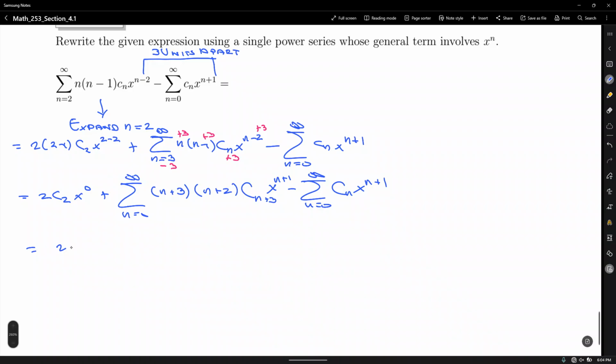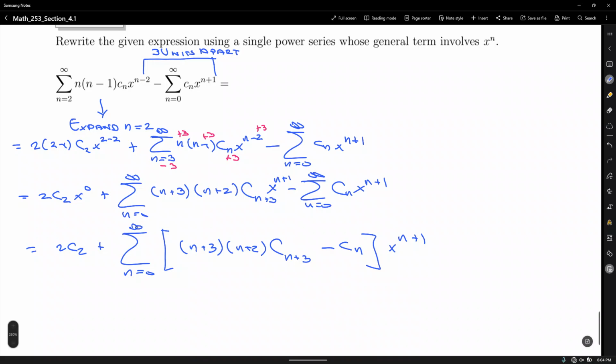So 2c2 x to the 0 equals 2c2, since x to the 0 equals 1, and we don't need to write that 1. Plus sigma, bracket n plus 3, n plus 2, c sub n plus 3, minus c sub n, x to the n plus 1, starting at 0 to infinity.